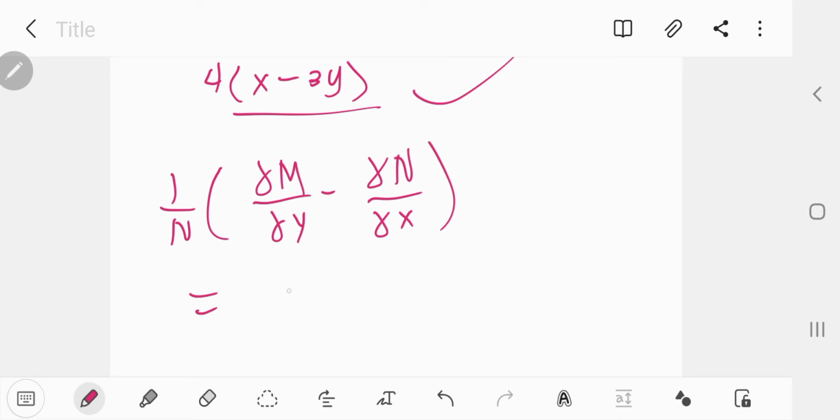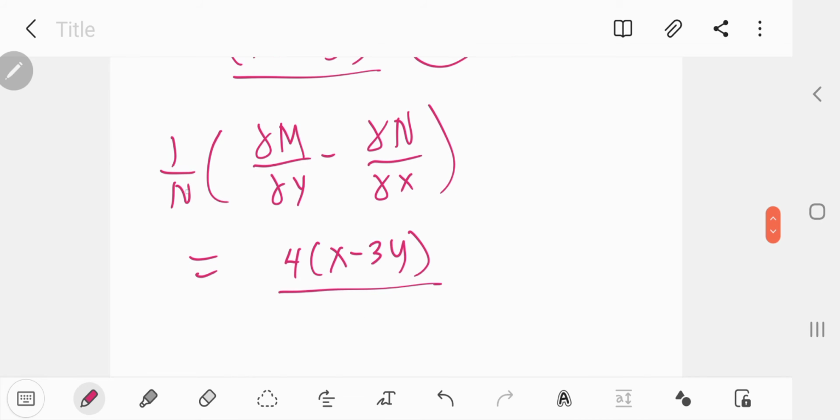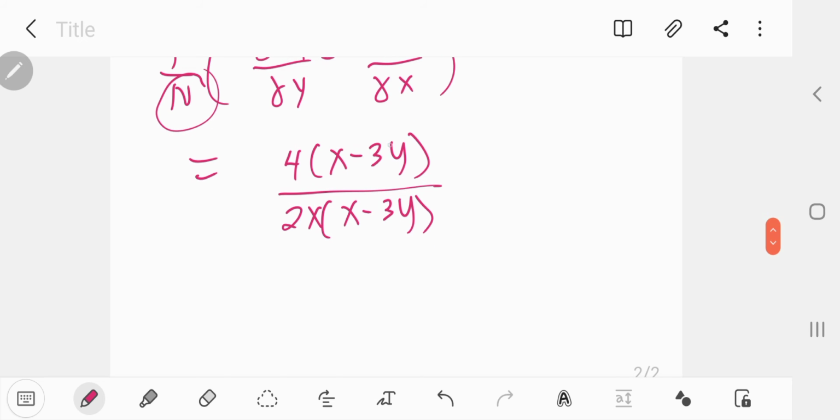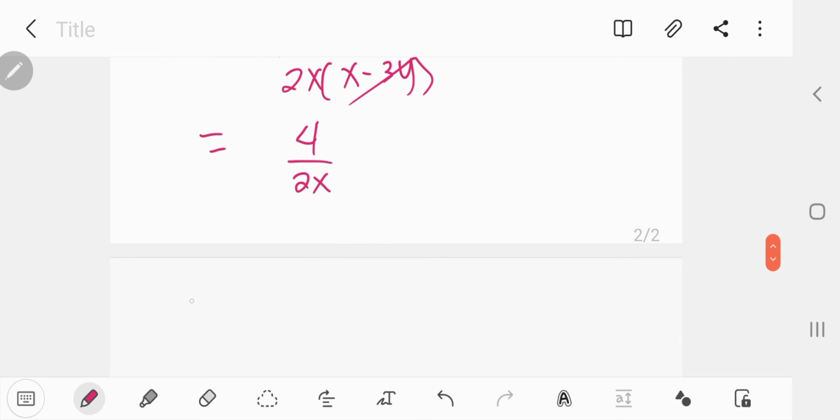We have 4 times (x minus 3y) all over the value of N, which is 2x times (x minus 3y). Now let us cancel it. The remaining value is 4 over 2x, which is equal to 2 over x.